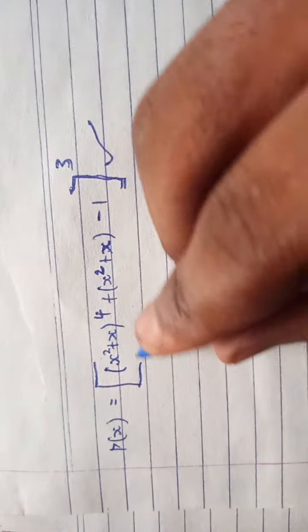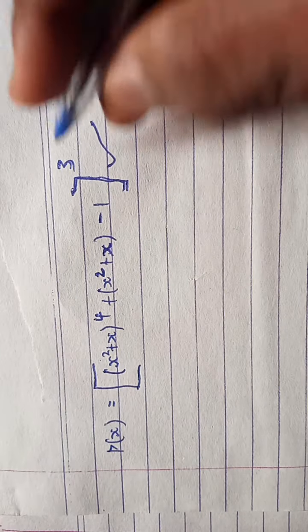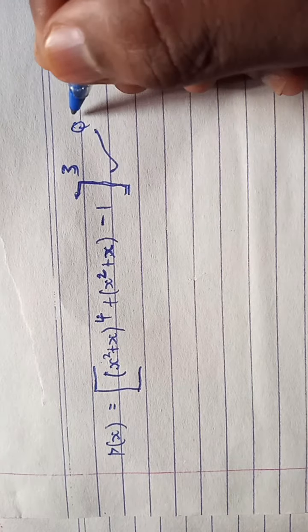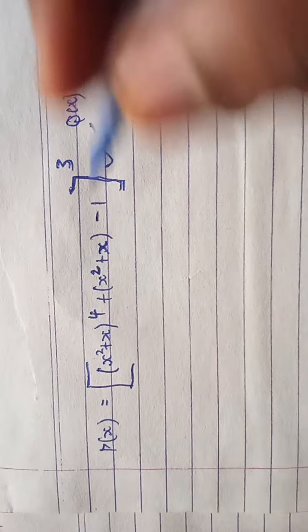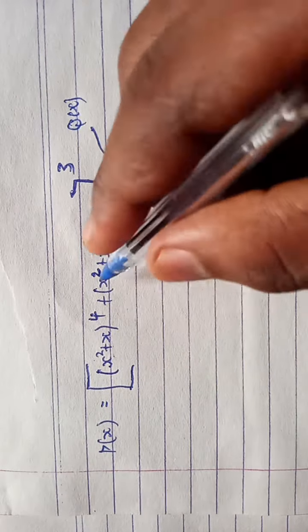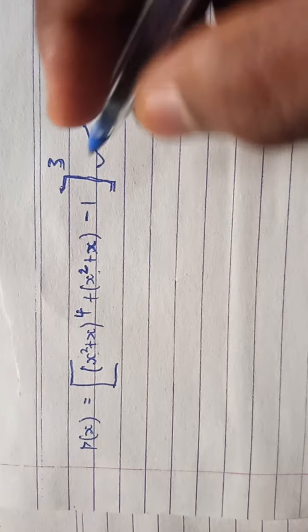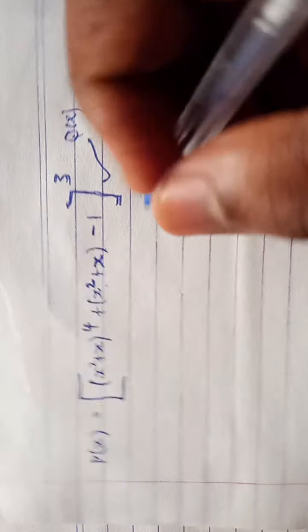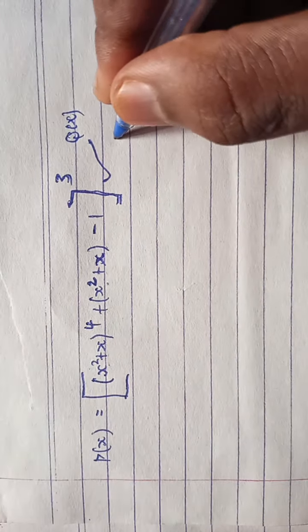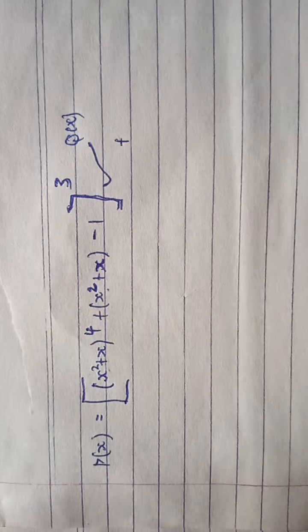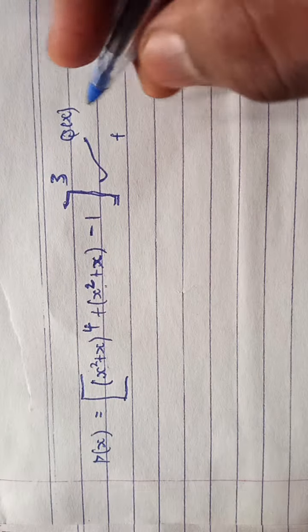So we say the whole of this should be q of x. Have you seen that? And then this you see that they are common. There are some functions inside there, but let's just denote them that way.